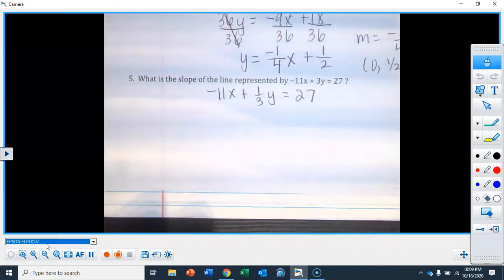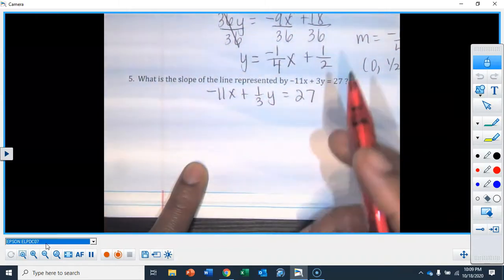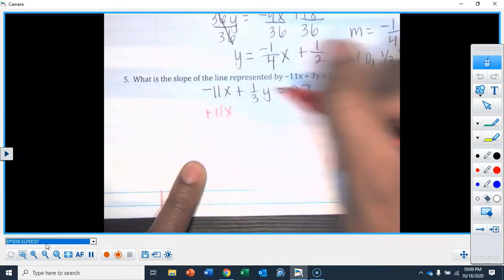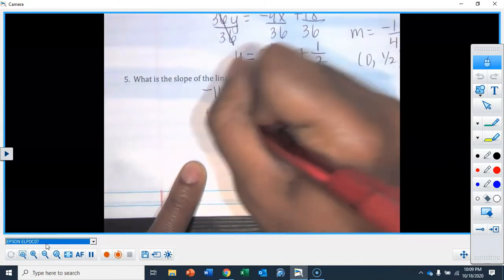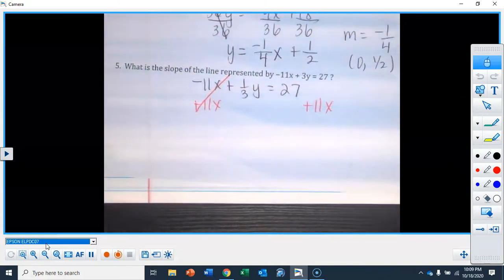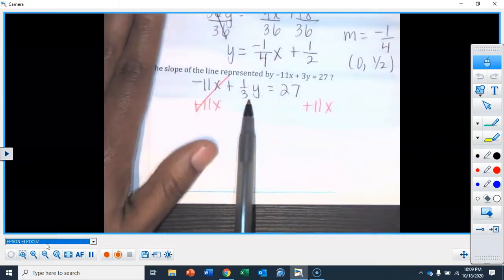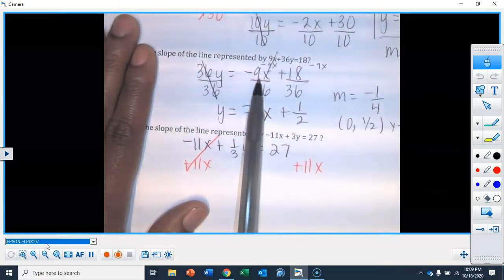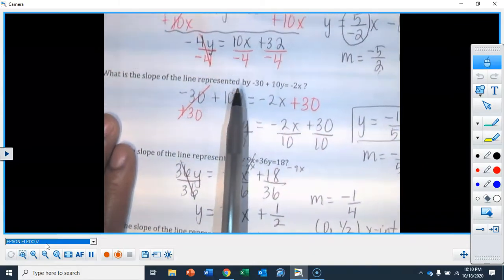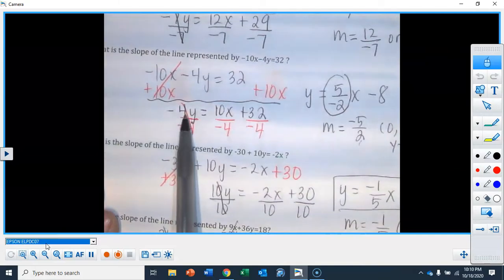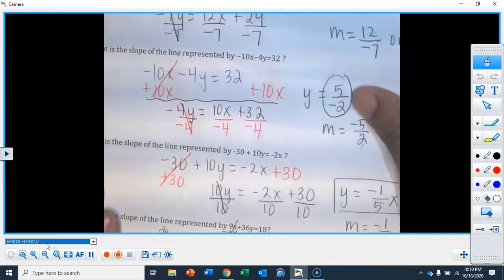Same steps. We're going to move the x term to this side. So add 11x, add 11x. Now remember, in this case, we don't have a whole number. See how all the time we used to have a 9, here we had a 10, here we had a negative 4. We've not had it with a fraction.